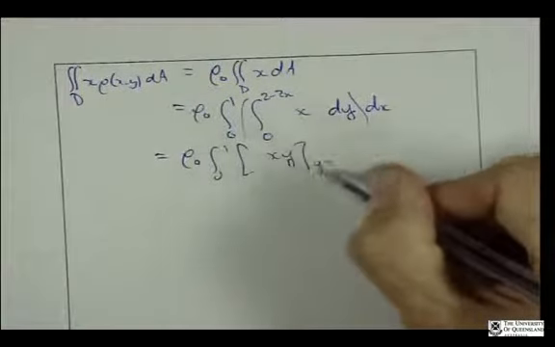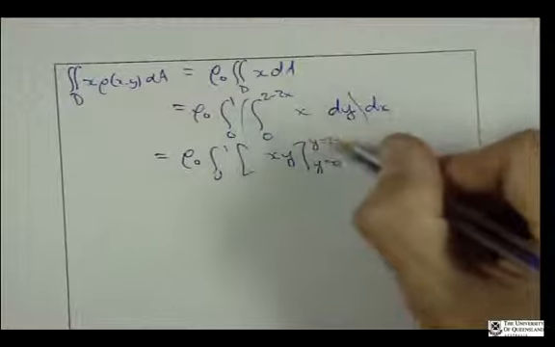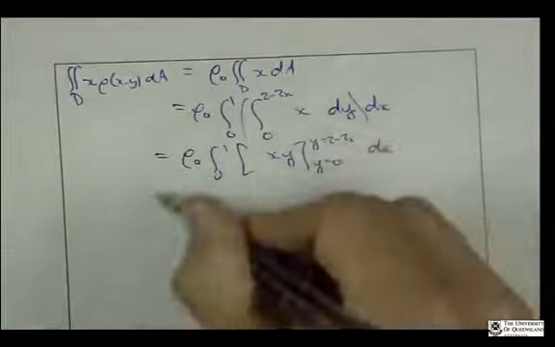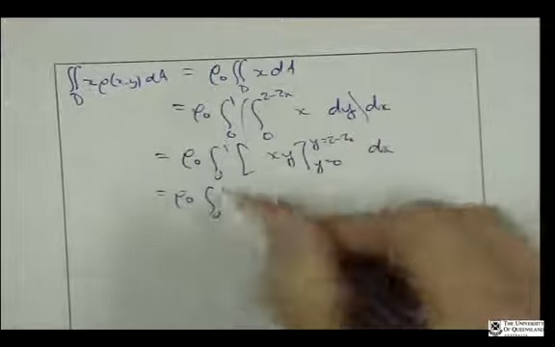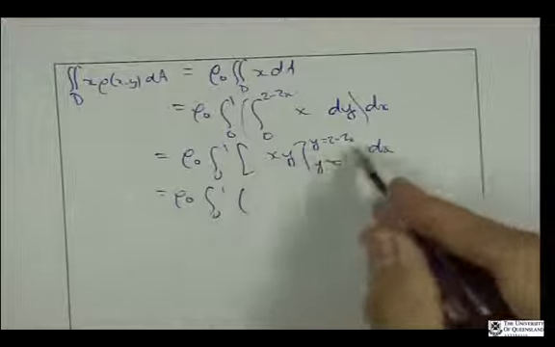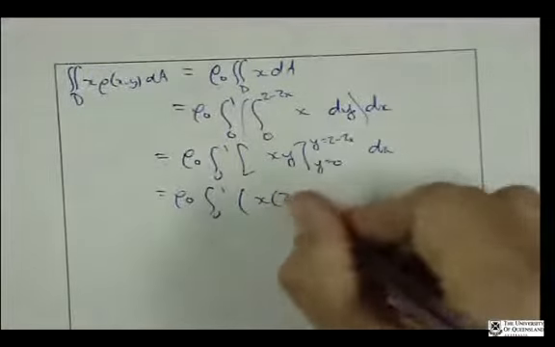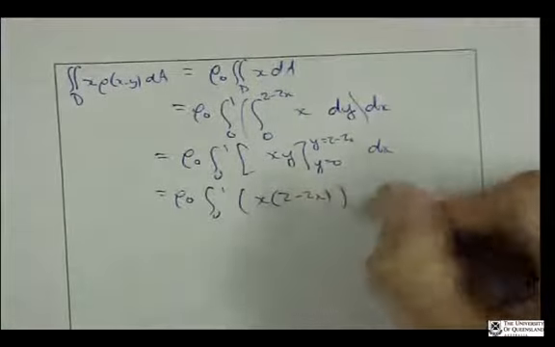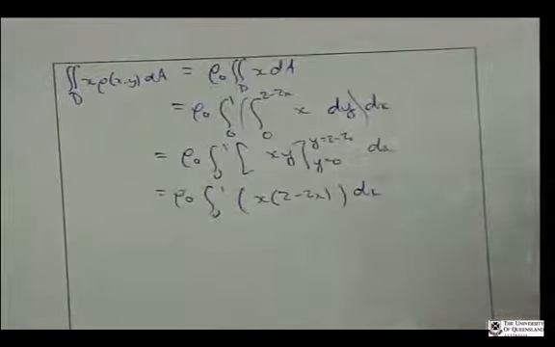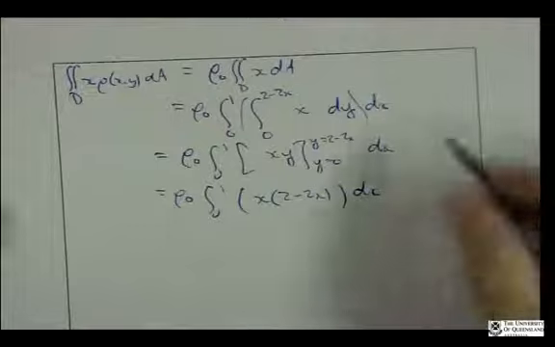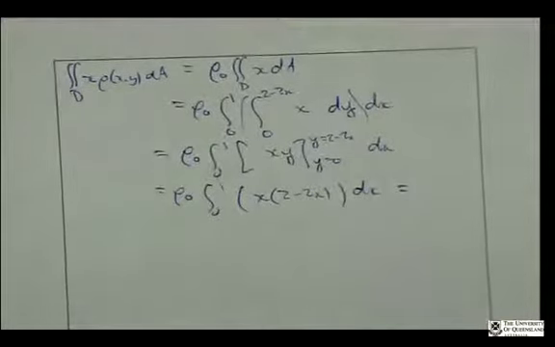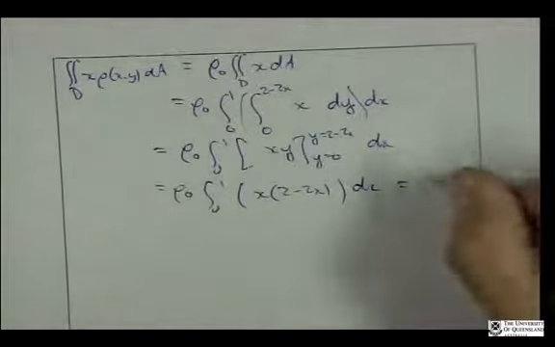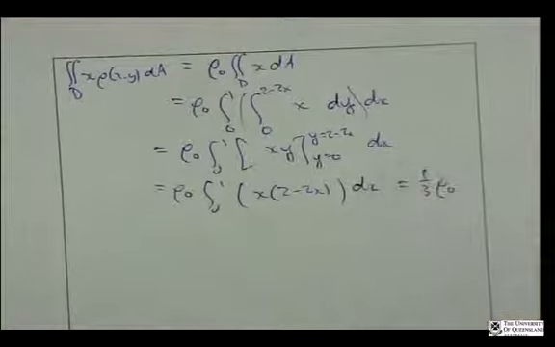Integrate partially with respect to y. Sub in those bounds. Y equals 2 minus 2x, so that's just x times 2 minus 2x, and the lower bound is y equals 0. So you can see we're just integrating a polynomial. Just check that that evaluates to 1/3 of rho naught.